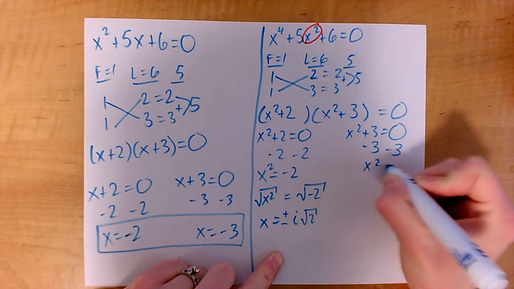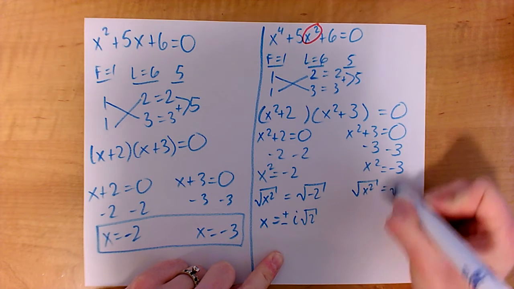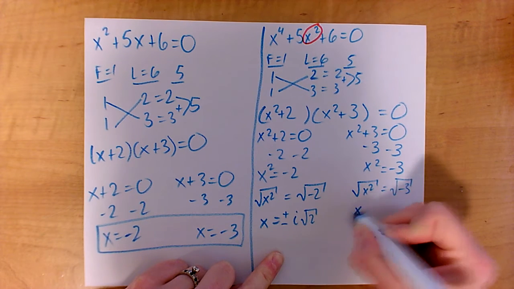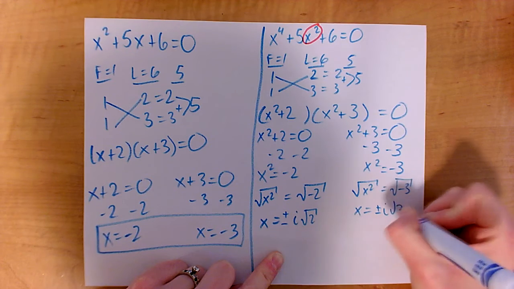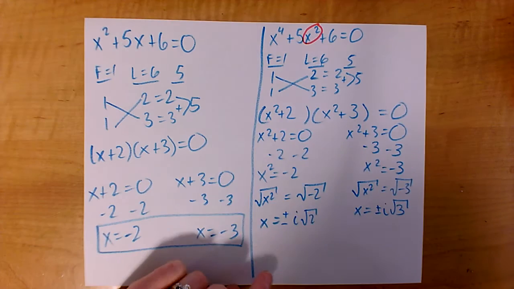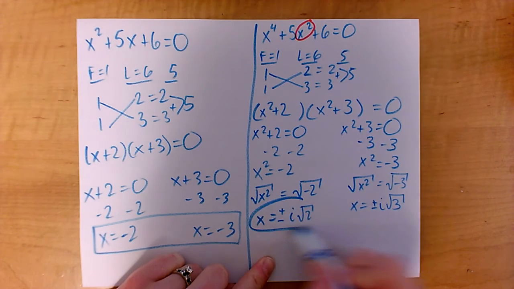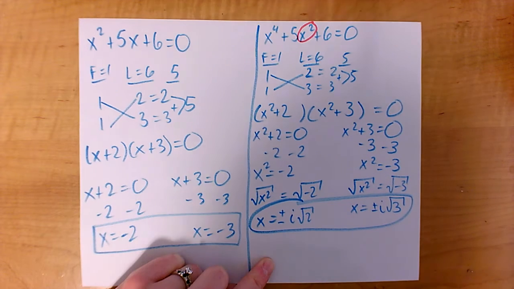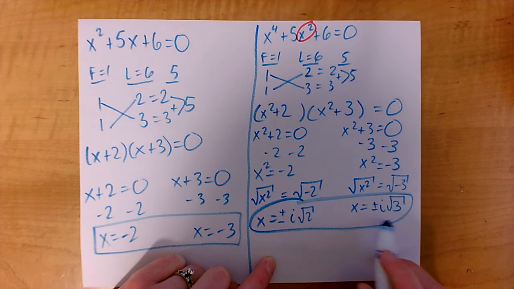Minus 3, x squared is negative 3, so we take the square root of both sides, and x is plus or minus i root 3. This ends up being 4 possibilities, because these plus or minuses make each one worth 2 answers.